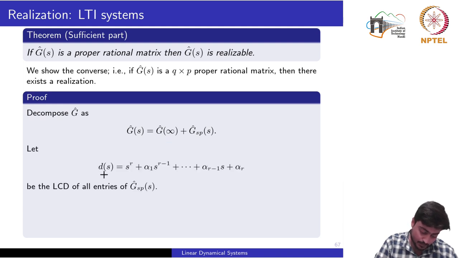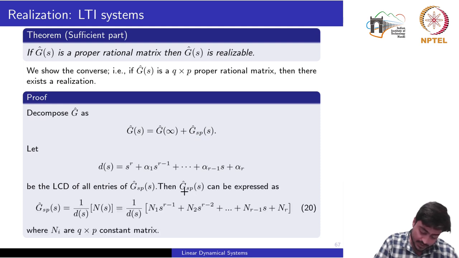Let's define this polynomial d of s, whose degree is r, which is basically the least common denominator of all the entries of this strictly proper part of the transfer function.